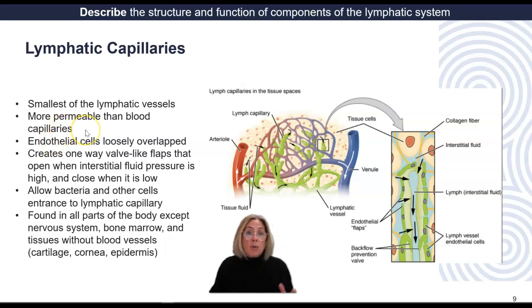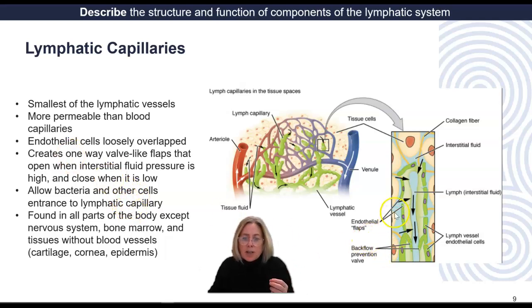And this allows them to be way more permeable than blood capillaries. And so nothing in the interstitial fluid is excluded from entering the lymphatic capillary. So the lymphatic capillary is going to allow bacteria and other cells to enter.